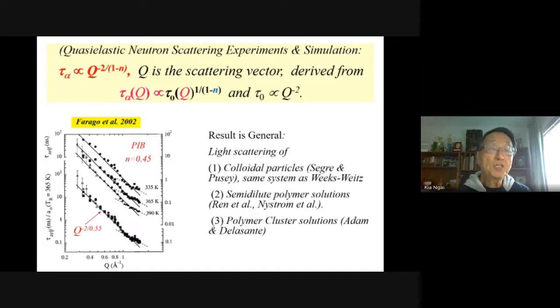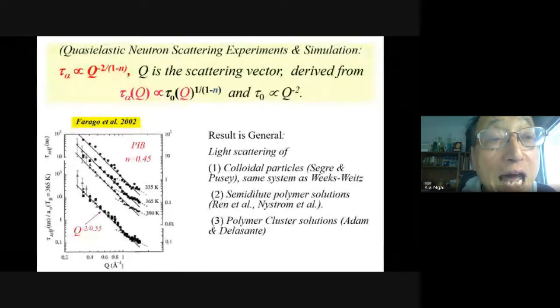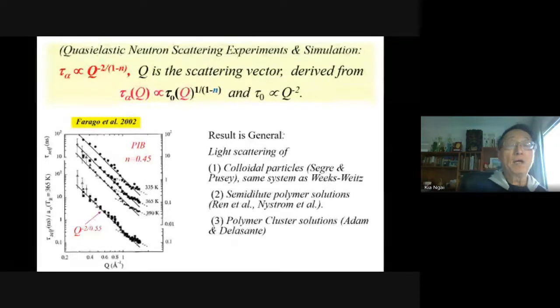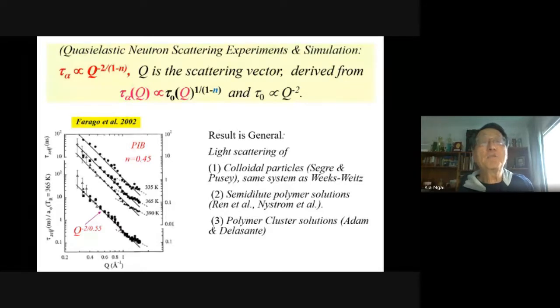And you see the Q dependence measured, which is at the short time, at large Q on the right, large Q at the bottom. You see that large Q, larger than 1, means a short distance. Again, it's telling you it's a primitive relaxation.